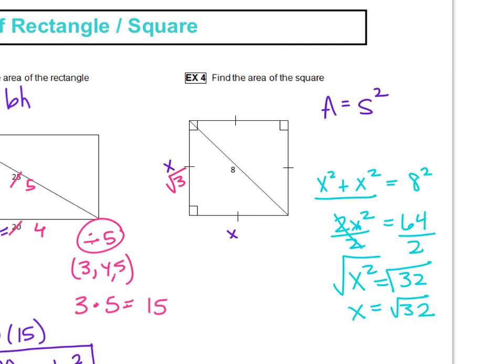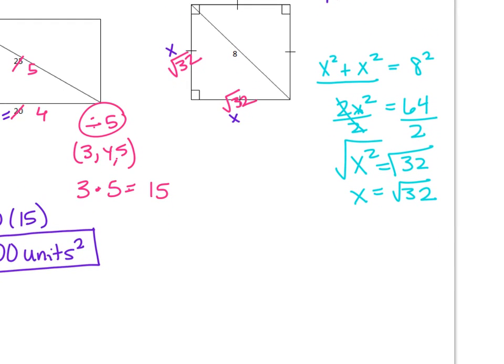So we know that each side is the square root of 32. Let's go back to our area formula. Area is equal to side squared, and now we know that the side is the square root of 32. So the reason why I didn't worry about reducing that is because I knew I was going to end up squaring it right now.